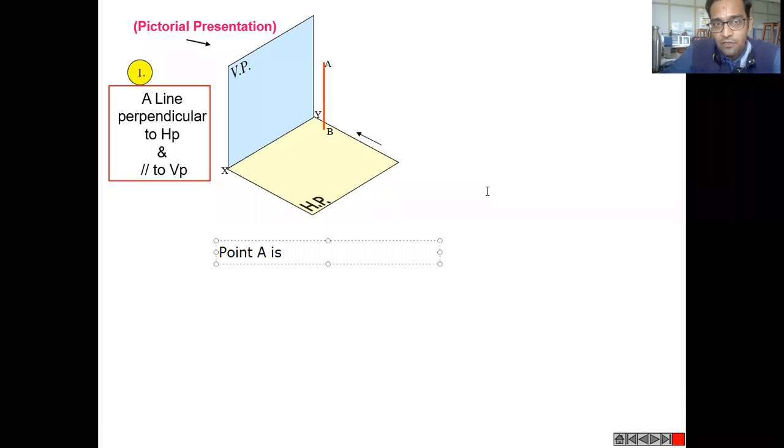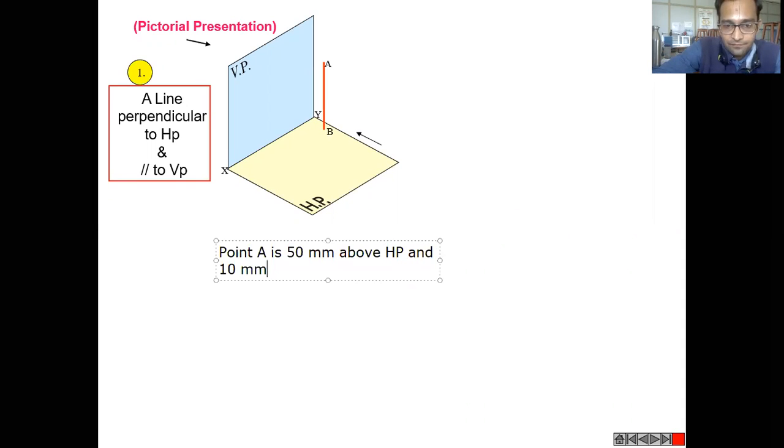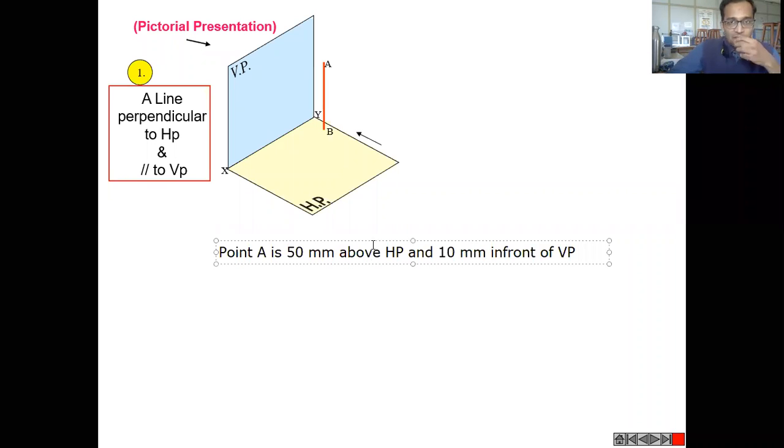Point A is 50 mm above HP and 10 mm in front of VP. What is the position of point A? Point A is 50 mm above HP and 10 mm in front of VP.